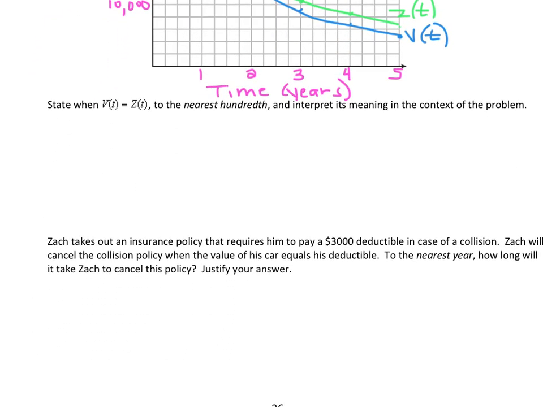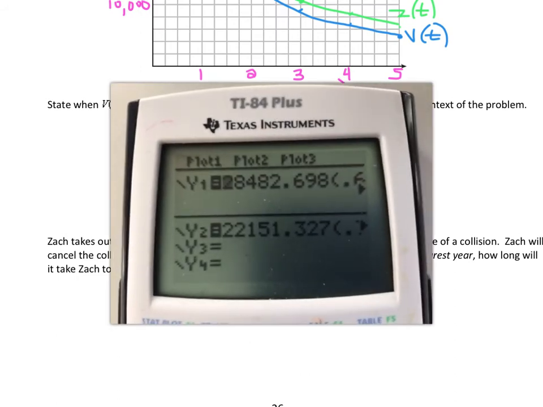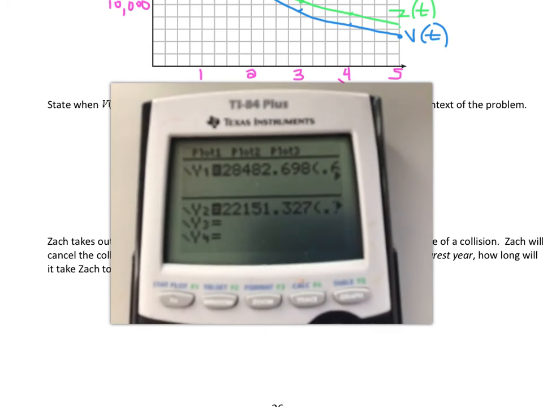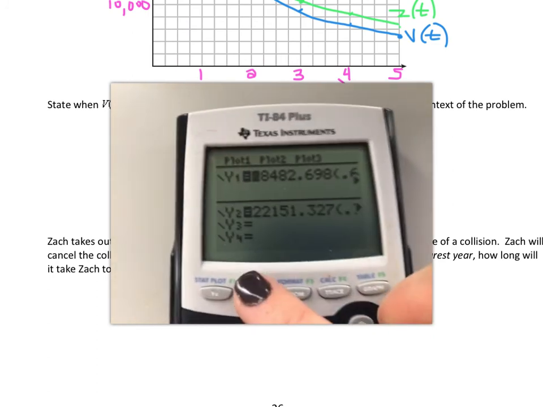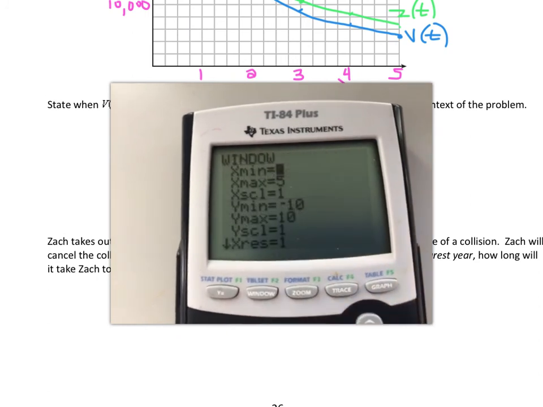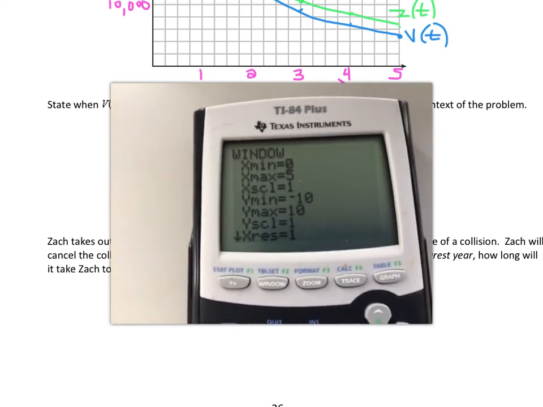We're going to figure out when the first function intersects the second function. Okay, so if you recall, in your calculator, you should still have those functions under y1 and y2. And what we're going to do is figure out where they intersect. Now, I am going to change my window so I could see the graph. So I'm going to hit window, and we know the x we did from 0 to 5, right?